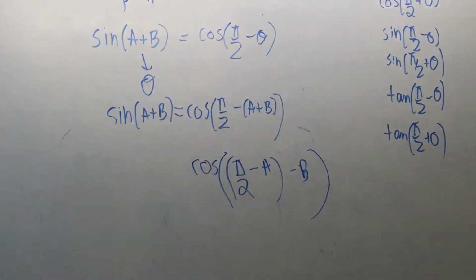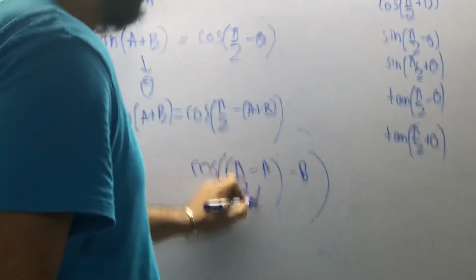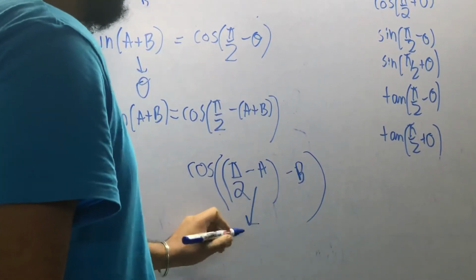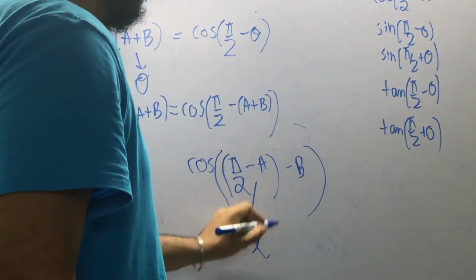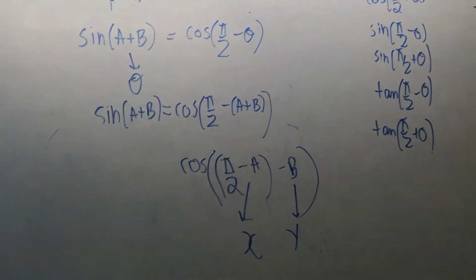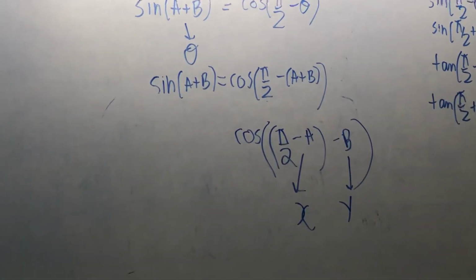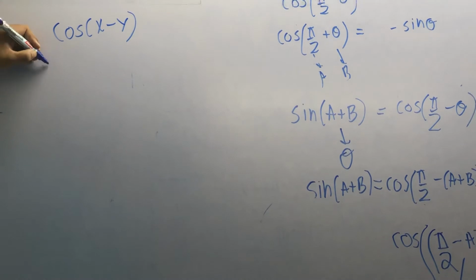I just put a bracket over here. There is a reason behind this. You can assume this as x and you can assume b as y. So this is just a question like this: cos x minus y.